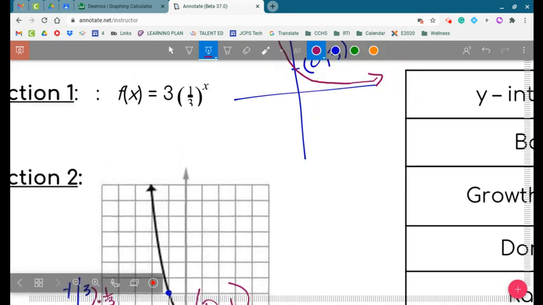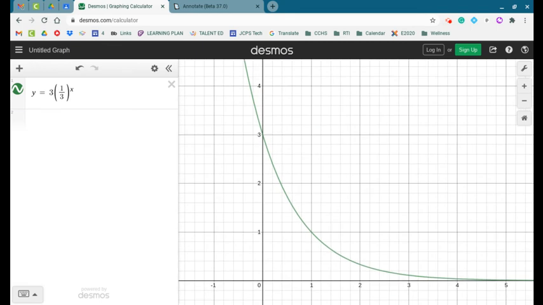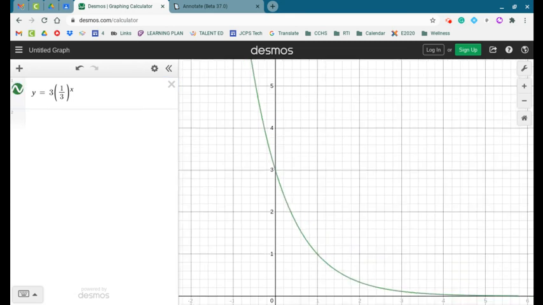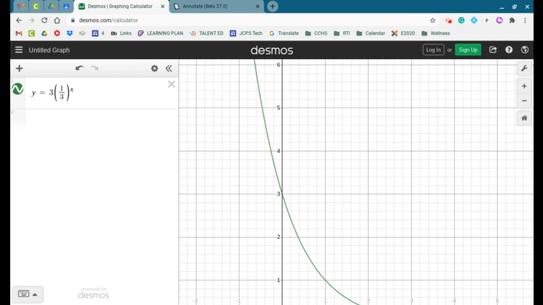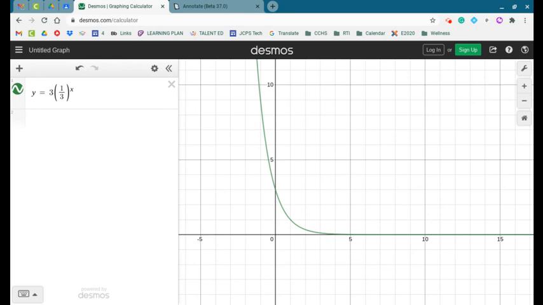So on the other one, we're going to have to go back to our Desmos graphs. We have (0, 3). And is that one cross right there? Yeah, (0, 3), and then (1, 1).